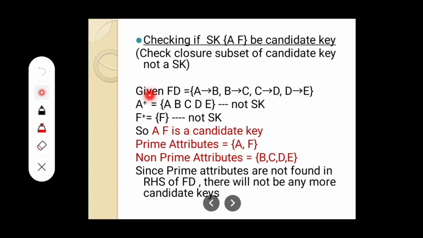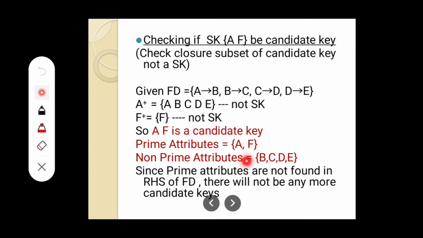That is, if the closure of the subset of that super key is not a super key, then we can say that AF is a candidate key. Okay, once we find the candidate key, we can find the prime attributes as well as non-prime attributes. So what are the prime attributes? Prime attributes are members of the candidate key. A, F are the prime attributes.